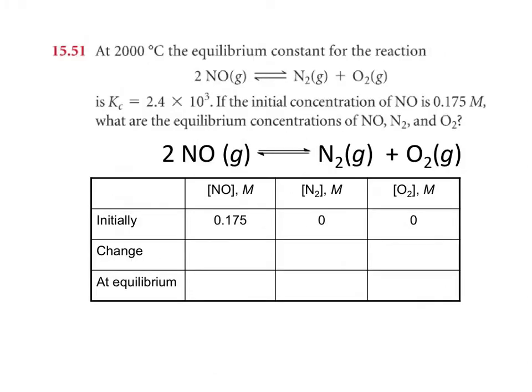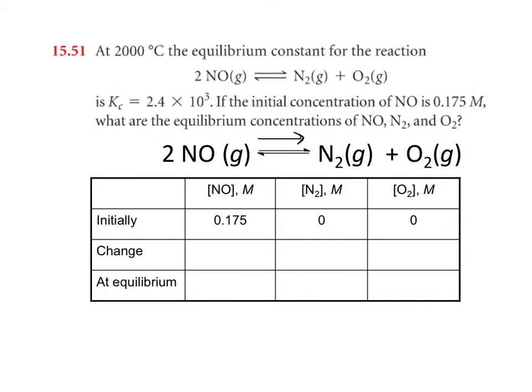Let's try another example that's very similar to the previous problem. This time we have a reaction where 2 moles of NO gas react to give 1 mole each of N2 and O2. Again, we're starting off with only reactant so that we know that in this process the reaction towards equilibrium is going to go from left to right.